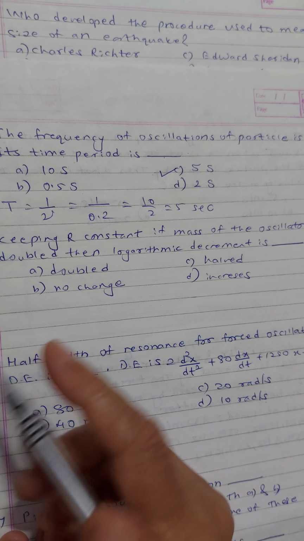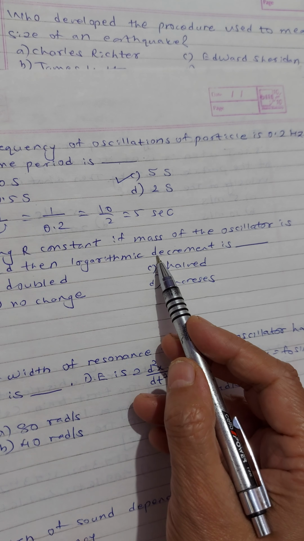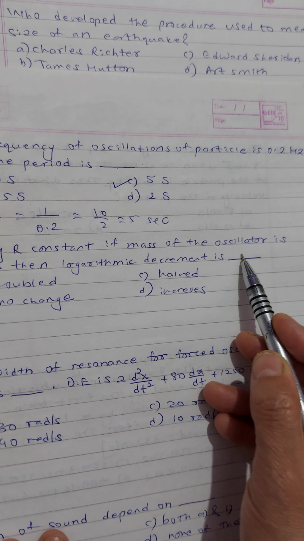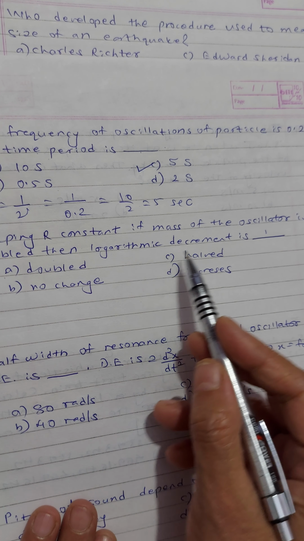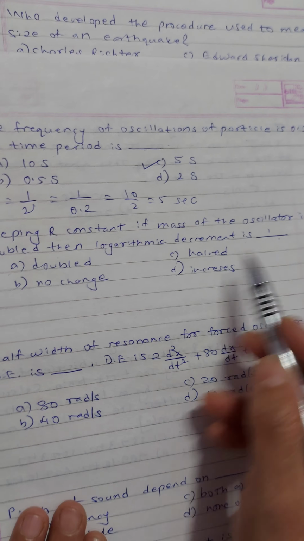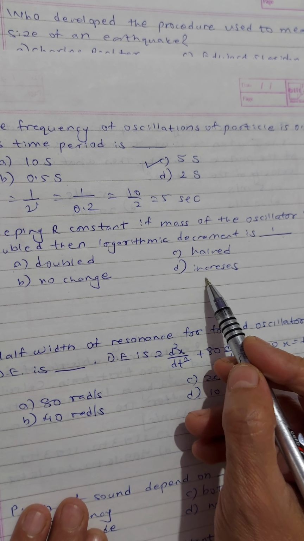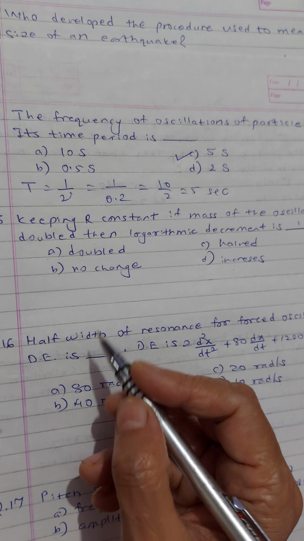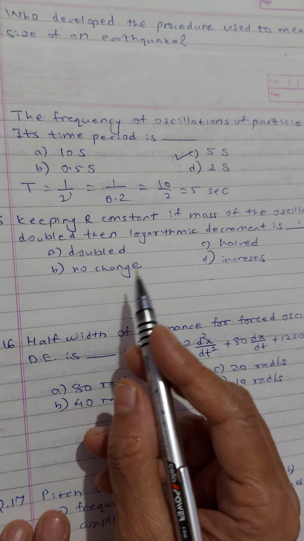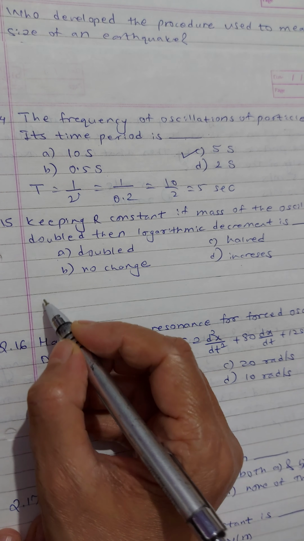Right? Next question. Keeping the R constant, if mass of the oscillator is doubled, then logarithmic decrement is dash. Is it doubled, no change, halved, or increases? Okay. First of all, we'll write down the formula for logarithmic decrement.